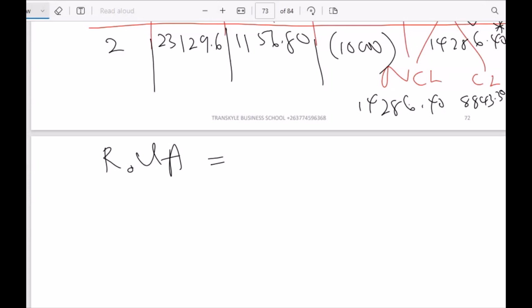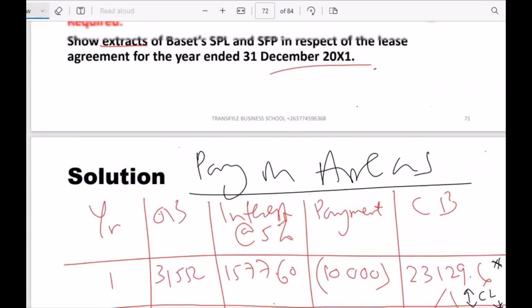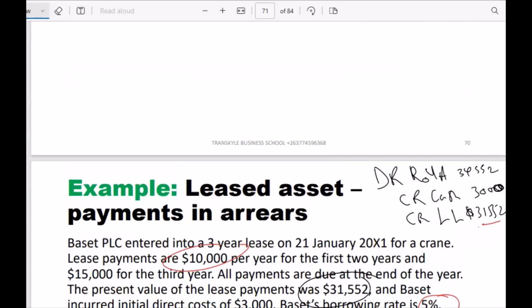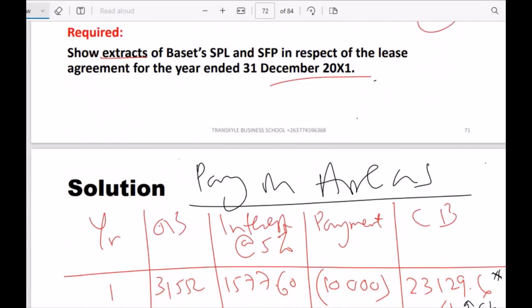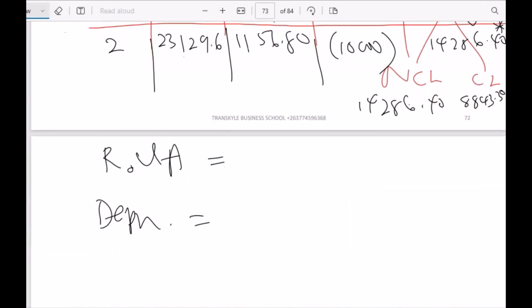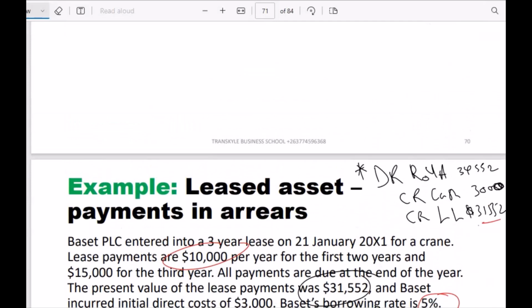So first of all, let's calculate the depreciation charge. The depreciation charge is based on the initially recognized value, that is 34,552. 34,552 divided by the lease term, and the lease was for how long?